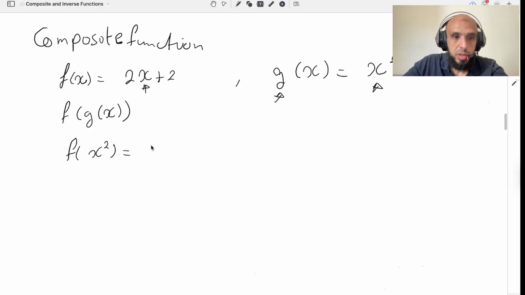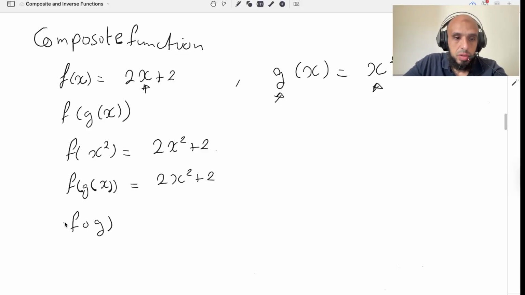So it's going to be 2x squared plus 2, which is f of g of x. We can write it also as f circle g of x or f g of x.